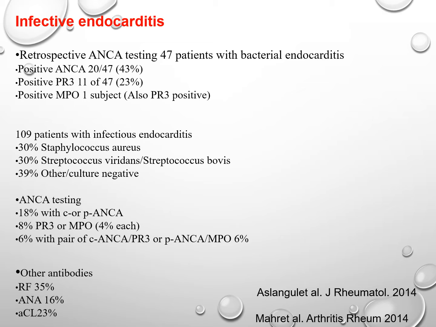This is another important issue. ANCA testing in those patients, with positive and negative Staph findings, showed that MPO and PR3 were positive in 8%. Other antibodies were detected, like RF and ANA, as well as anticardiolipins.